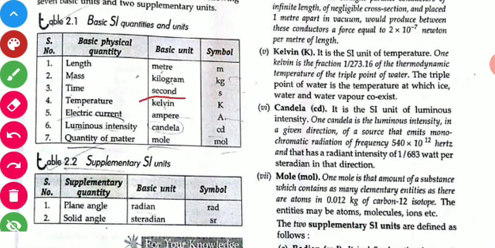As you can see, Kelvin was a scientist, so we use capital K, and ampere was also a scientist, so we use capital A. Similarly, the other units are in small letters. So students, this is the method of writing SI units.